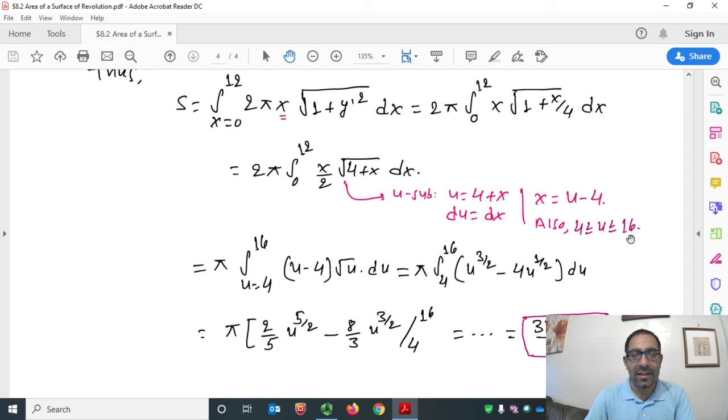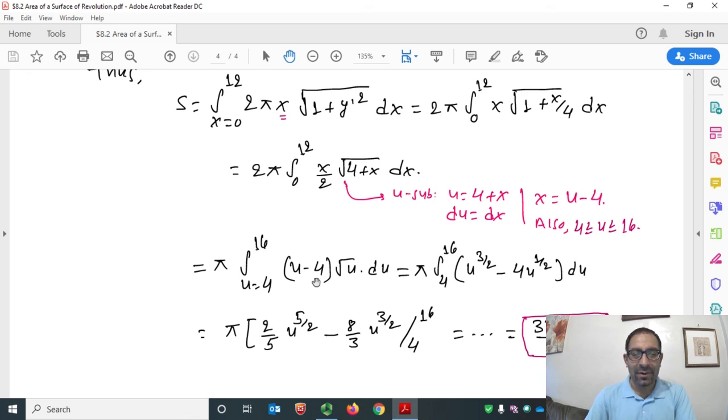Then rewrite this x integral in terms of a u integral. So here the 2 we can cancel, so simply pi constant outside, and then the definite integral with the u limit, u equals 4 to 16. And then here x equals, from here, u minus 4, and then radical 4 plus x is simply radical u, and dx is du. I hope this makes sense to you all.